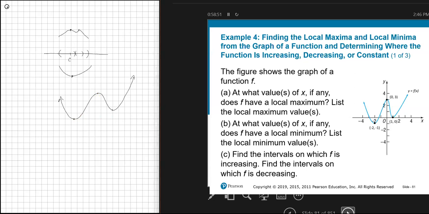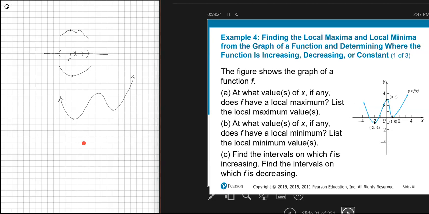Those are where your local max or your local min are. The local maximums are at the top of the hill. The local minimums are at the bottom of the valley. I can't say it more simply than that. And it has to be on a hill or in a valley. It can't be at the end.